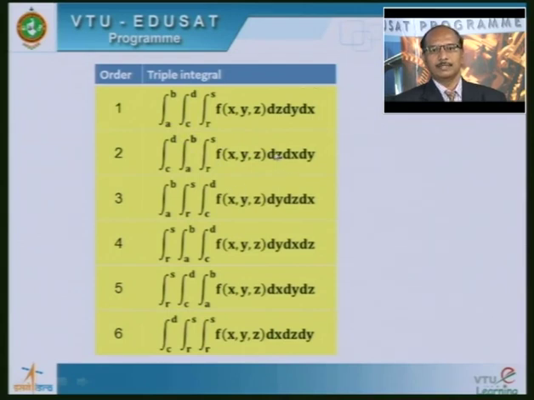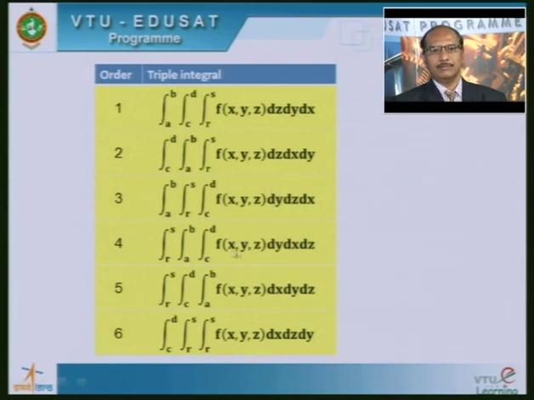Similarly, you can integrate first with respect to z, and the second and third orders are changed here. The second integration is x, so you see the second integral limits a to b, the x limits, and lastly y, with y limits c to d.